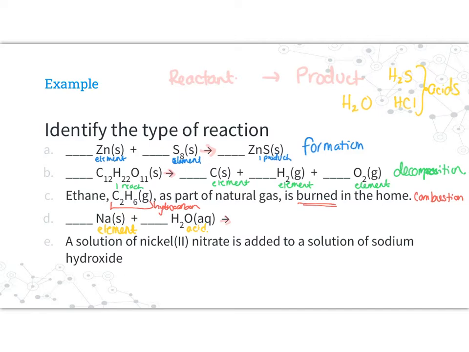So what's going to happen is these are going to switch places, the positive elements. Now hydrogen is the positive here. So we would have sodium mixing with oxygen and hydrogen on its own. Now I have not balanced this for charge or for elements yet, but just the idea is here. We have an element and an acid reacting. An element and an acid reacting is a single replacement.